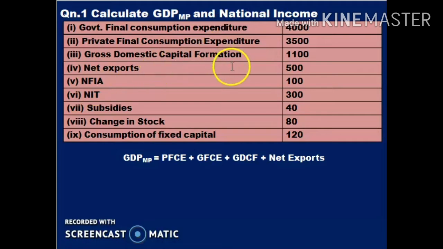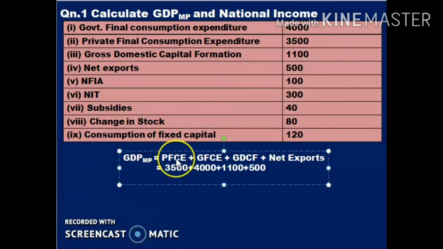In the text there are several problems; I will explain some of them. In the first question, GDP MP is given and national income is to be found. PFCE is given as 3,500, then 4,000 as GFCE, government final consumption expenditure, and GDCF, gross domestic capital formation, is given as 1,100.